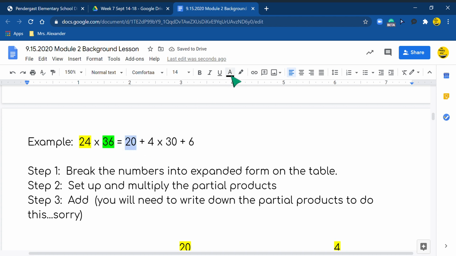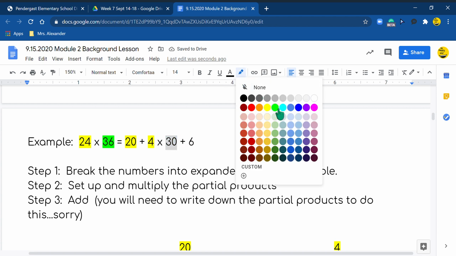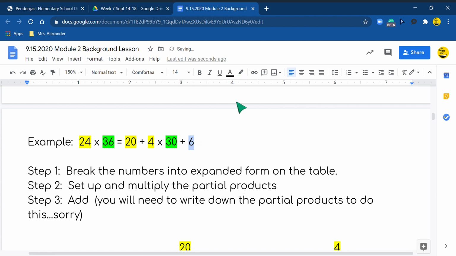I just expanded the numbers so it showed the value of each number instead of leaving the number just 36 and instead of 30 plus 6. Okay, and then we're going to set it up and multiply the partial products. And then we will add.